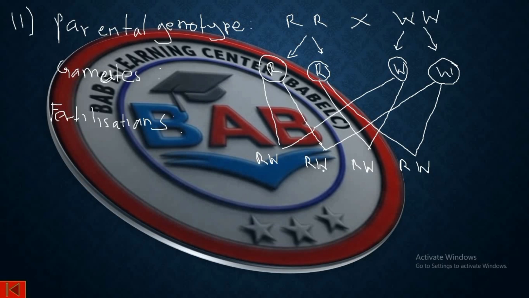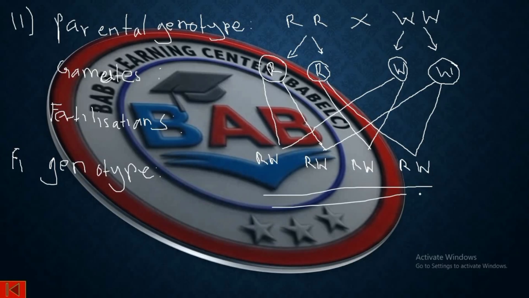The F1 generation results in formation of 4 offspring, each with red and white patches. This is the F1 genotype.